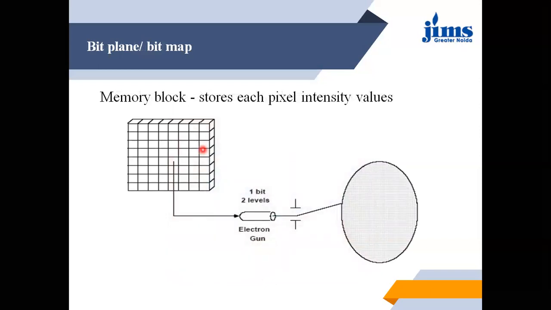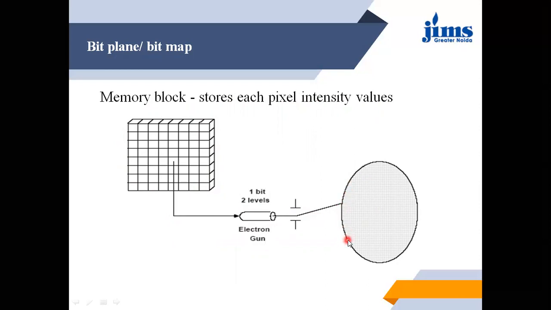Bit panel, bit plane or bitmap. This is a collection of bits, a memory block, that stores the intensity value of each and every pixel.